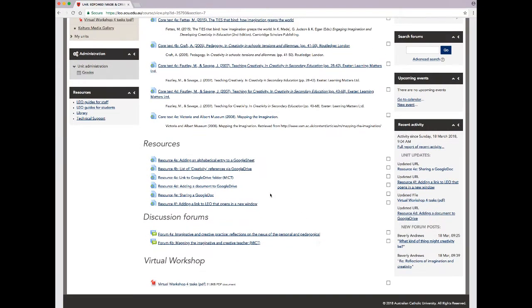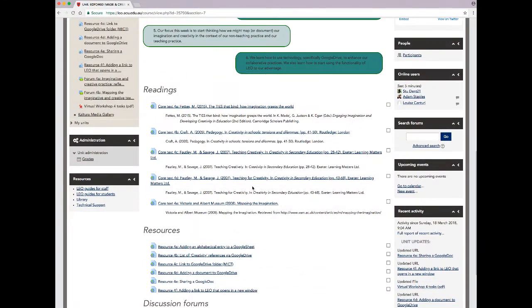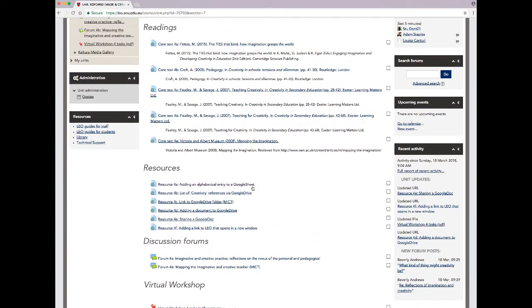So in this week, you are developing your MICT, creating your MICT proforma or document in the EDFD460 Google Drive. You are then learning how to share that Google Doc by creating a URL, and then sharing your document with your cohort by means of that URL by posting it into a forum post.